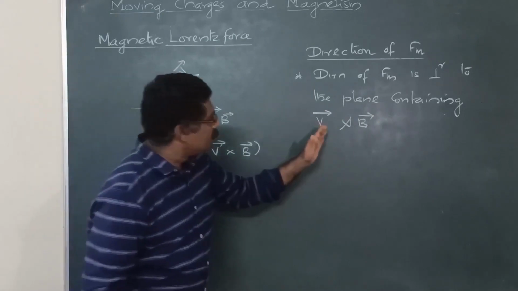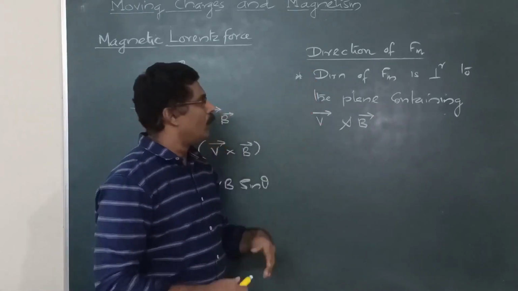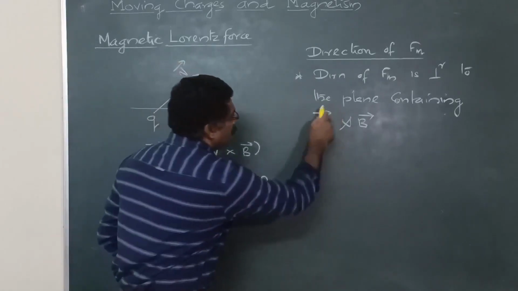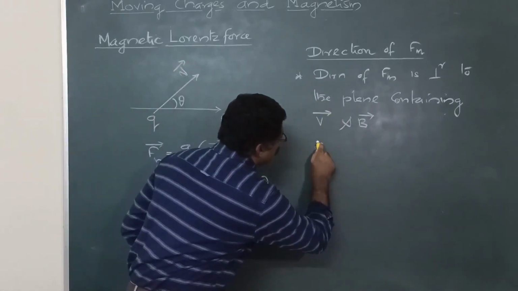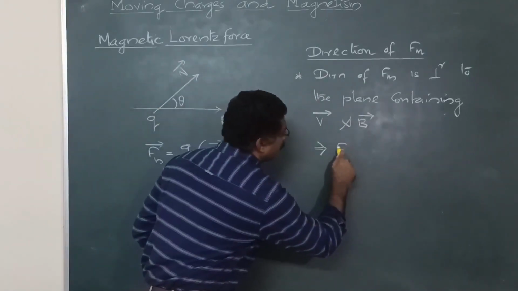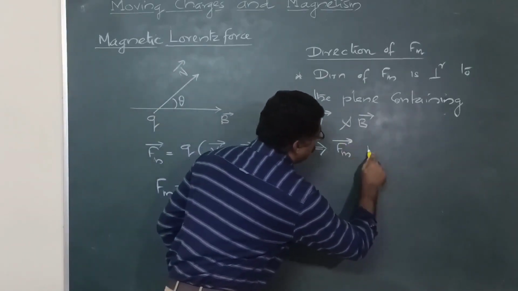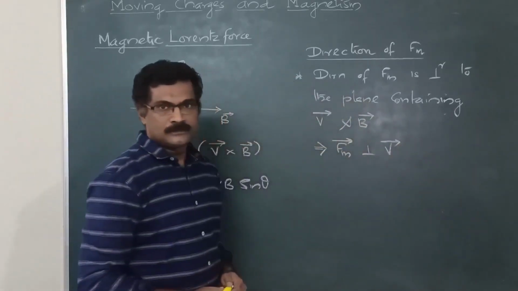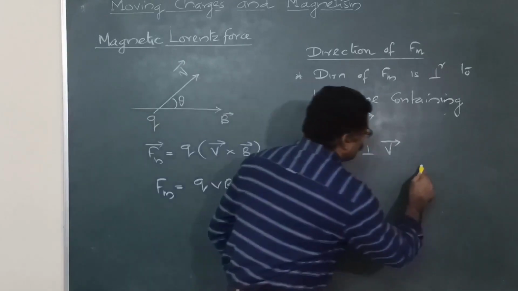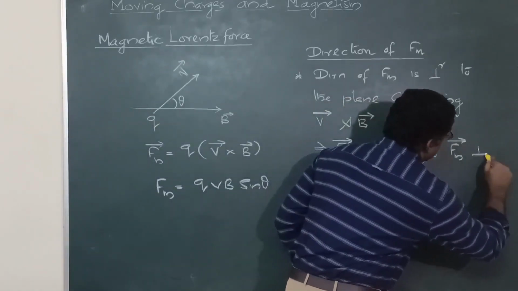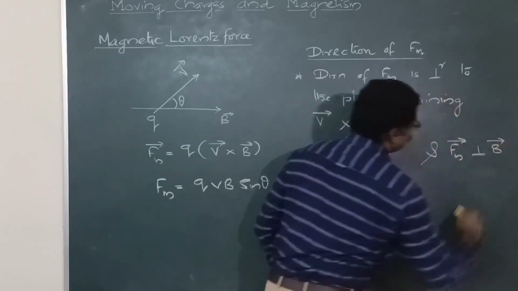What is the meaning of this statement? From this idea, we can say the magnetic Lorentz force is perpendicular to the velocity vector, and also Fm is perpendicular to the B vector.